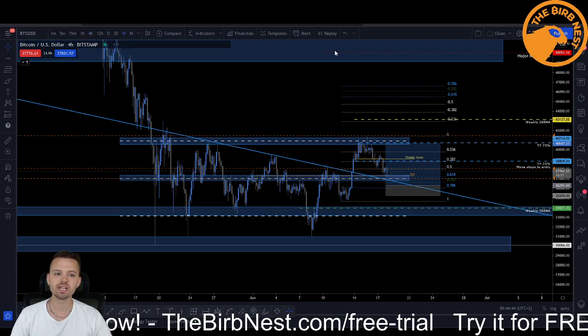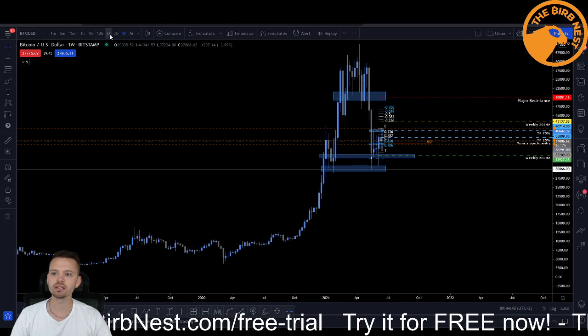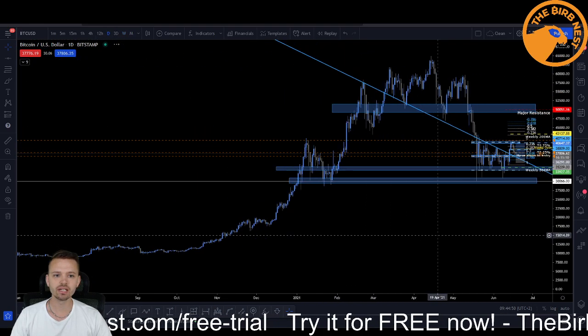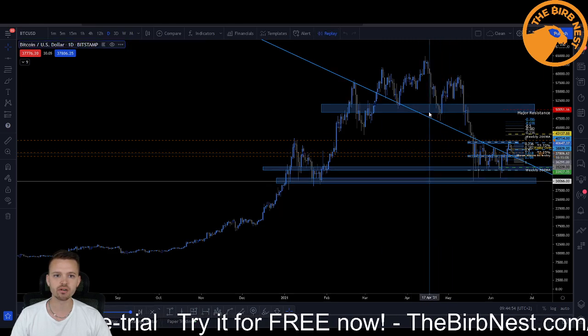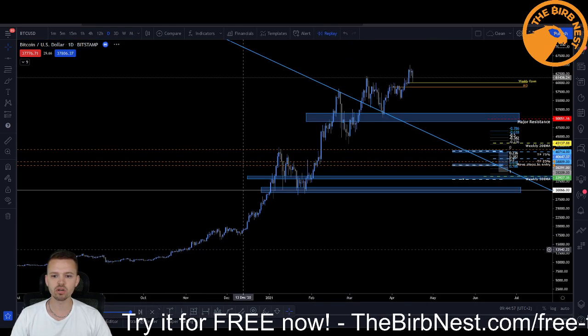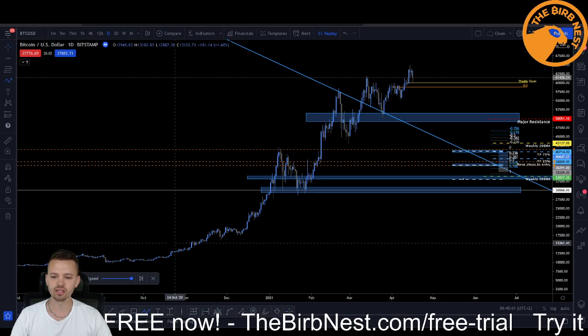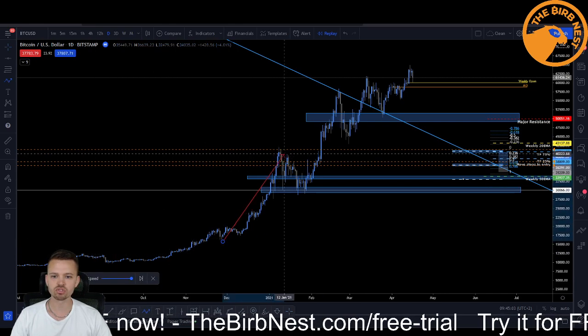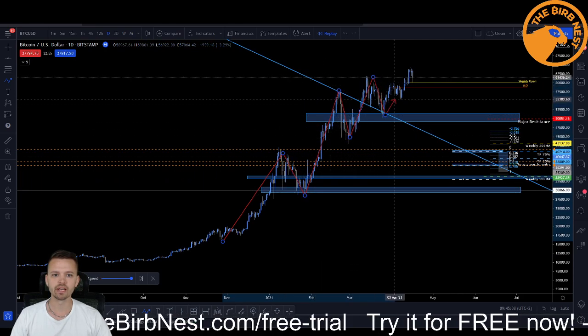What we can see here on the weekly, you know what, let's go to the daily. If you use the replay function to remove the price action right here, we see that when Bitcoin was trading here, we had a very clear bullish market structure that kind of goes like this.